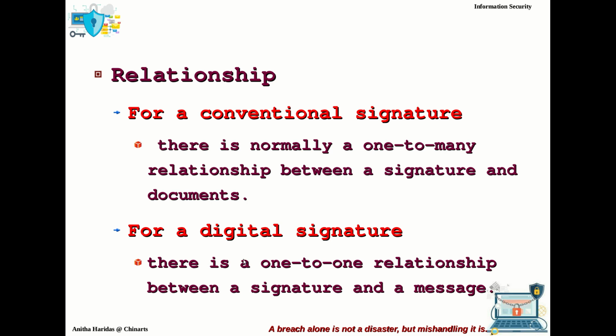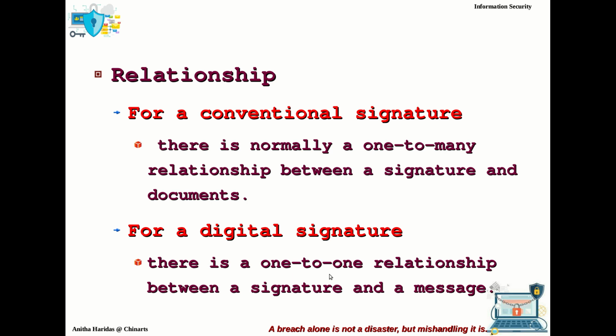But interestingly, for a digital signature, there is a one-to-one relationship between a signature and a message. Each message will generate a different signature. Even if you change a single character, letter or number in the message, the signature will be automatically changed. That is the advantage of having a digital signature.